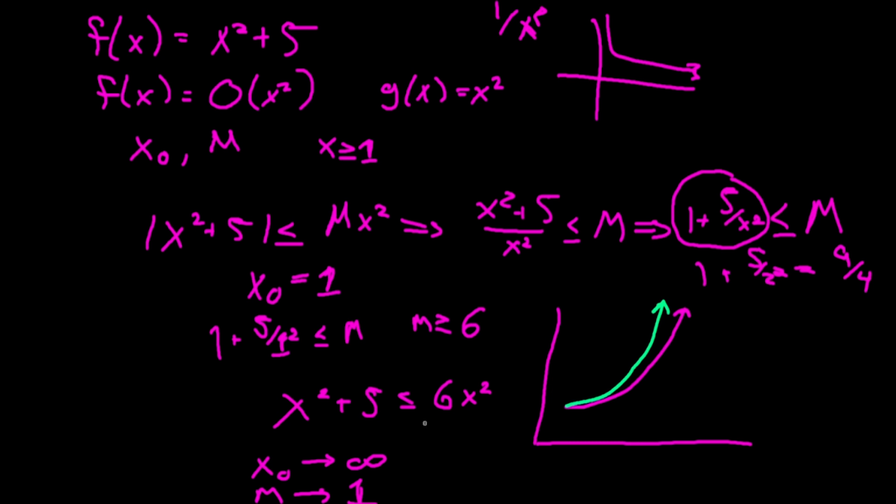But all of this right here implies that x squared plus 5 is, in fact, equal to big O of x squared.